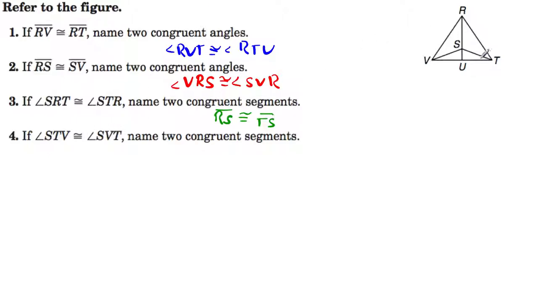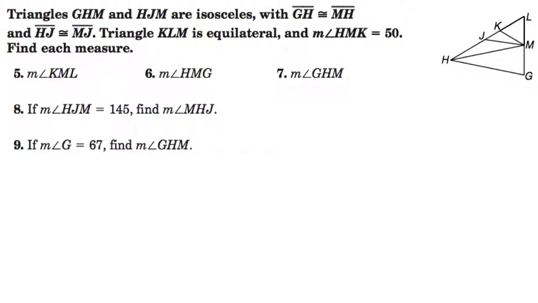So STV is congruent to SVT, and that's this little isosceles triangle. So that means that side VS is congruent to side TS. All right. So just using this isosceles triangle theorem, basically a definition of an isosceles triangle, to go through these problems. Okay, all right, some more problems here, more application driven.